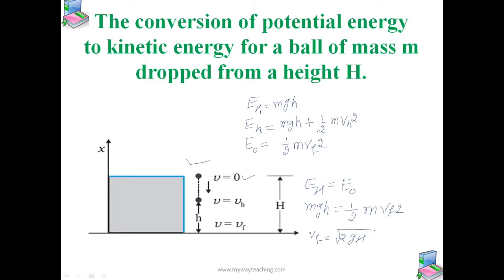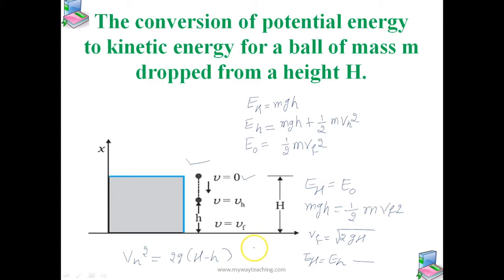Okay, so as a result, for a freely falling body, the energy at this height H is equal to energy at small h. So from this equation we can obtain v h square is equal to 2g (H minus small h).